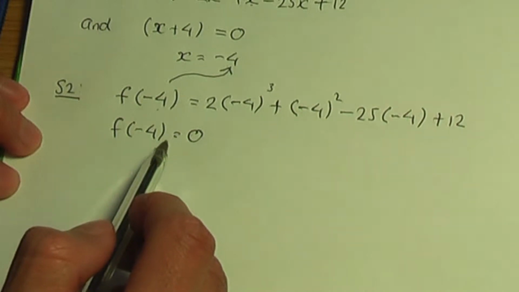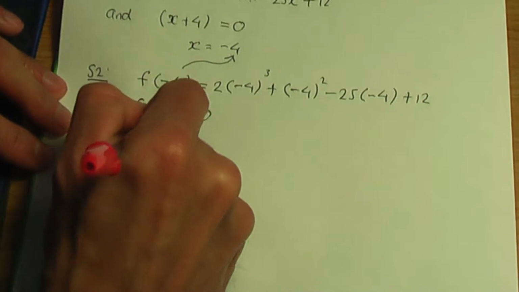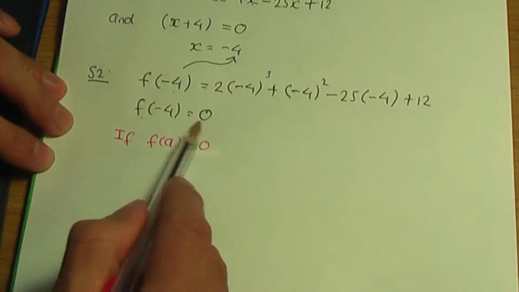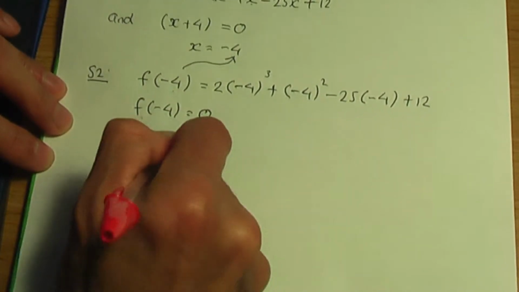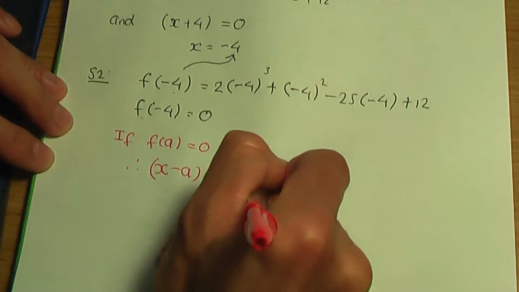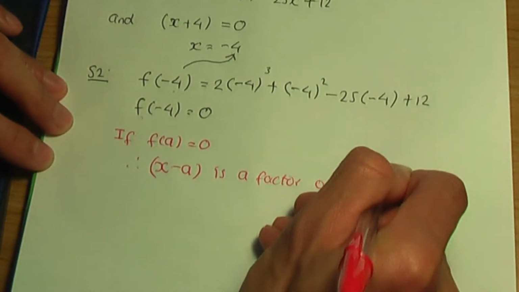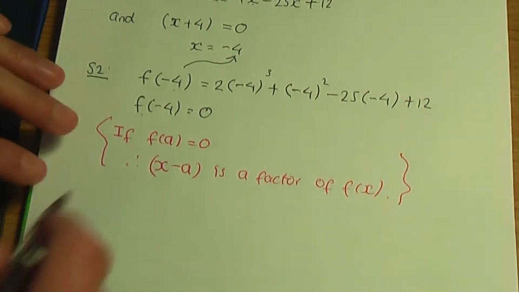And remember the factor theorem, so let me write down the factor theorem in red: if f of a is equal to 0, and indeed it's the case here, therefore x minus a is a factor of f of x. So that is the factor theorem. So let's apply it over here.